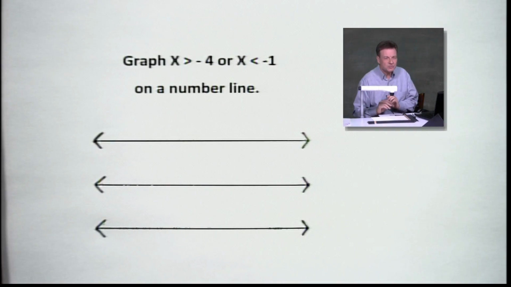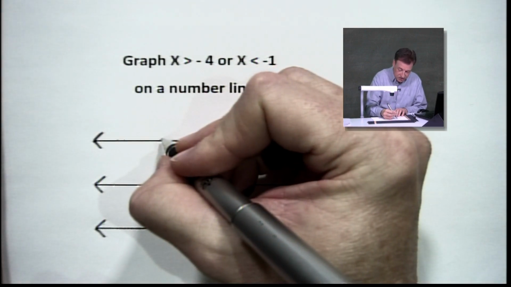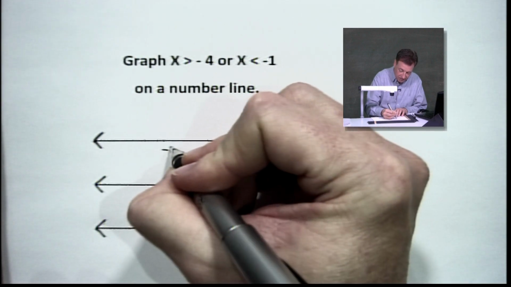Let's take a look at our next one here, all right? We've got x greater than -4 or x less than -1. Sounds very similar. Let's see how it works, all right? This time it's open circles. I want to make sure that we understand that sometimes that makes a difference, and let's see what goes on here, all right? So we're at -4. I'll pop a -4 there.